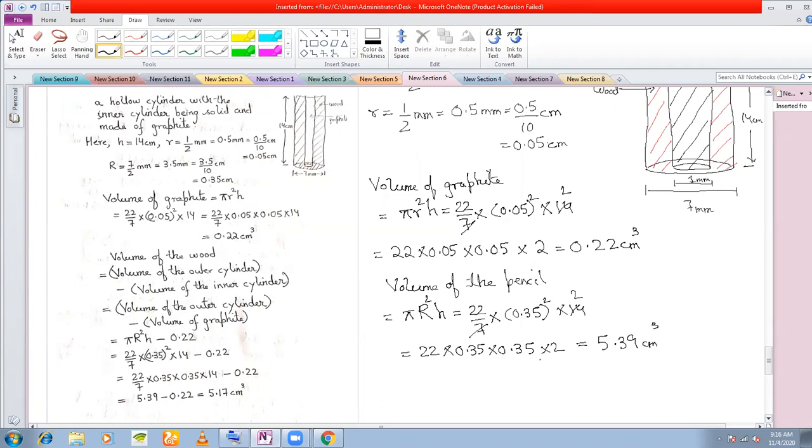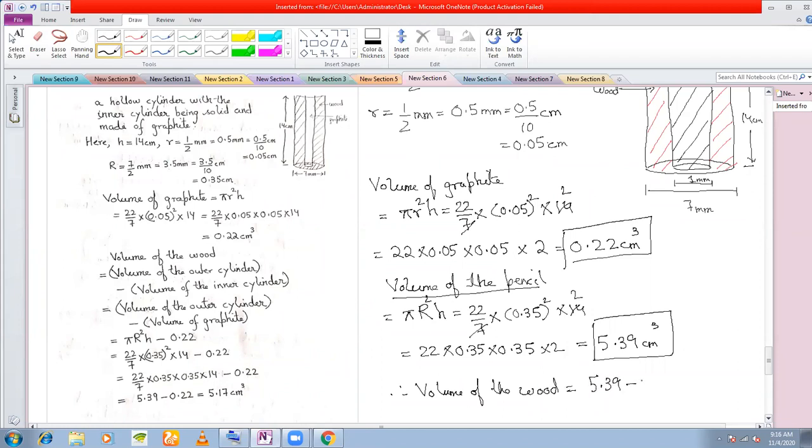So what should be the volume of wood? The volume of the pencil that we have found, 5.39, minus the volume of graphite. Therefore the volume of the wood is 5.39 minus 0.22, which comes to 5.17 centimeters cube.